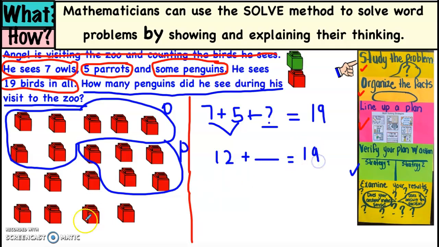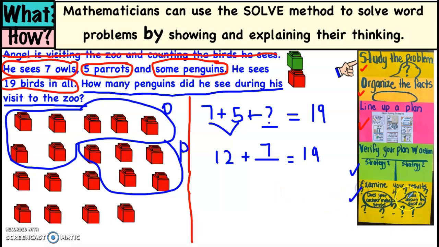So we already know in this part that he saw 7 penguins. So if I count up using these counters that are outside the circle, will I get 19? Well, let's see. 12, 13, 14, 15, 16, 17, 18, 19. We got 19, so we're correct. He sees 7 penguins during his visit to the zoo.